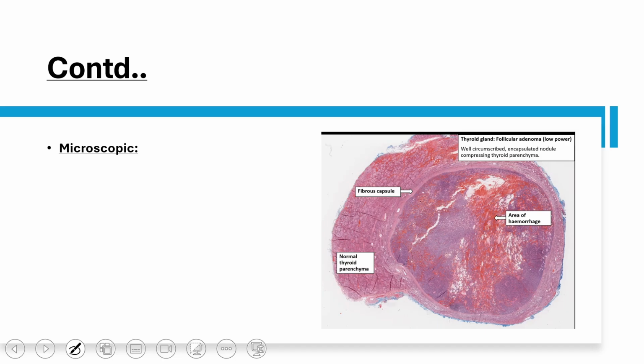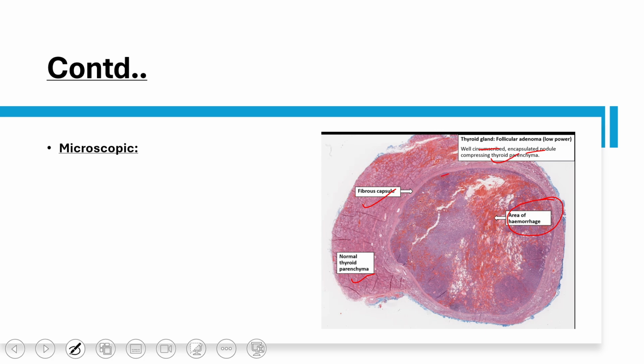Next we see the microscopic features of this follicular adenoma. Here we can appreciate the area of hemorrhage and the intact fibrous capsule, and this is the normal thyroid parenchyma. The follicular adenoma is a well-circumscribed encapsulated nodule that compresses the adjacent thyroid parenchyma.